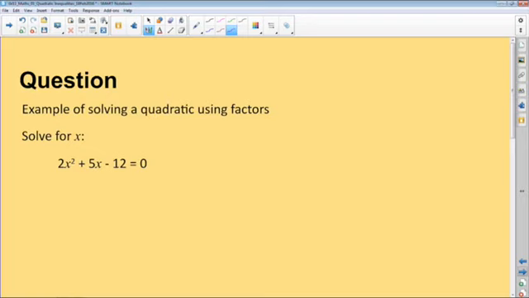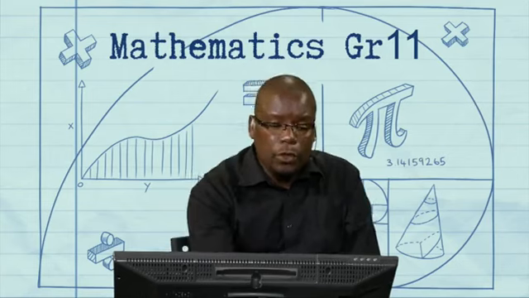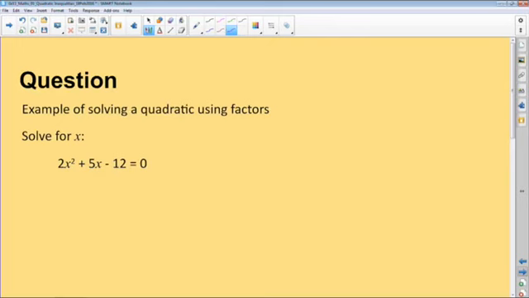A quadratic equation can be solved by finding the factors. If you look at this equation, you've got 2x squared plus 5x minus 12. How do you solve that? You'll have to factorize. You get 2x and then x.